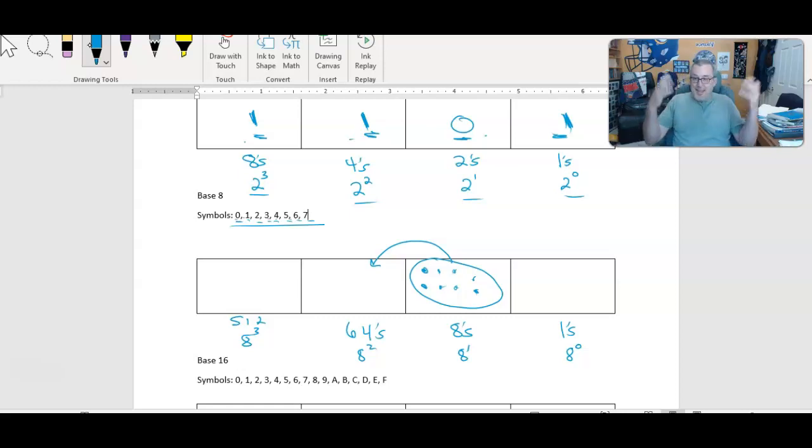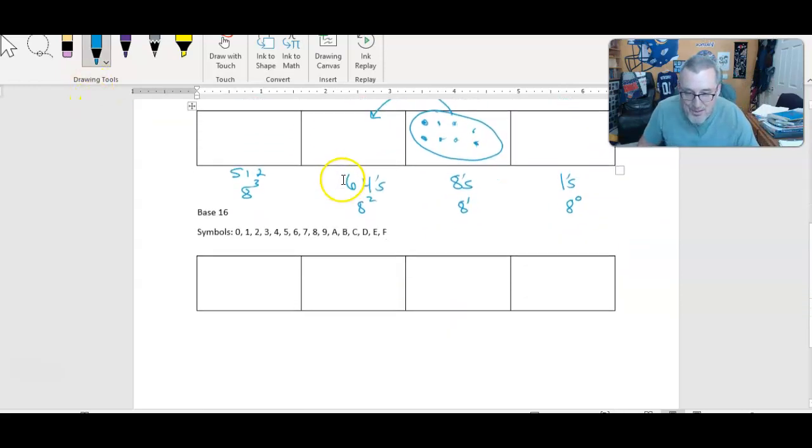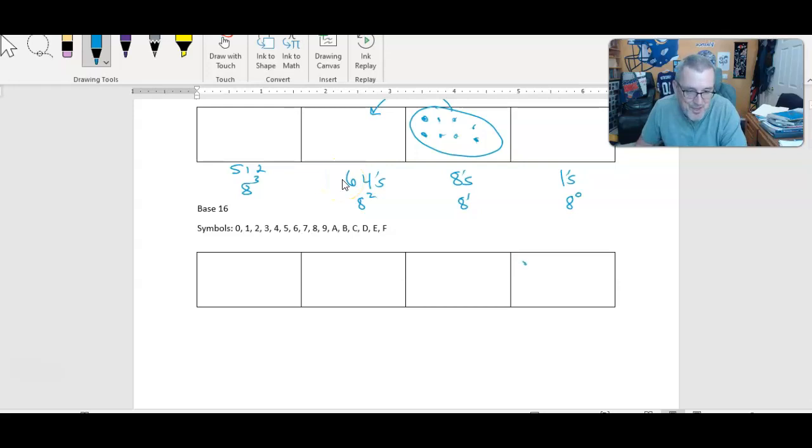You have to keep unpacking bundles of 2, bundles of 8, or what if you had bundles of 16? Here's a crazy one. Suppose you had 12 blue dots. What number would that be in base 16? Well, this is 0, 1, 2, 3, 4, 5, 6, 7, 8, 9, 10, 11, 12.